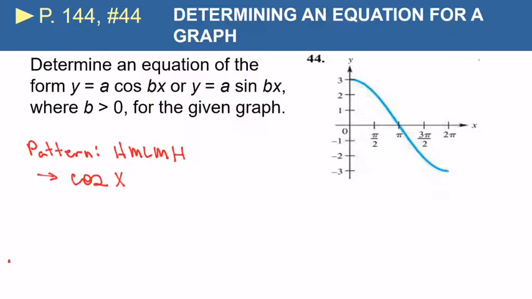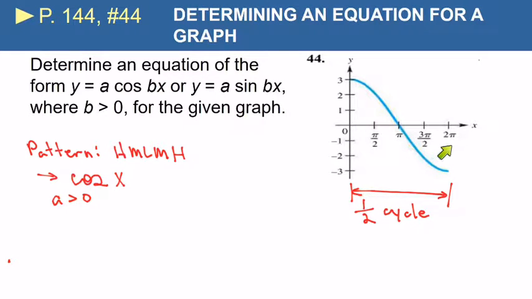And so the pattern is going to be the cosine pattern. And we can also tell from that that a is positive, amplitude is 3, and the a needs to be positive.